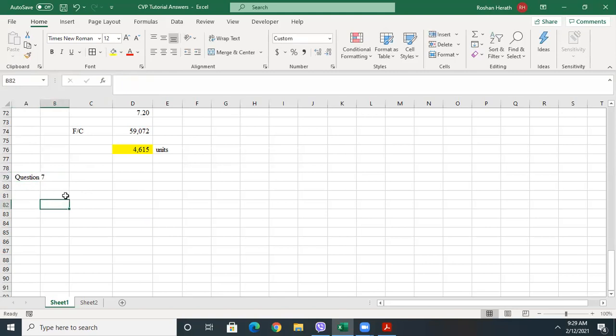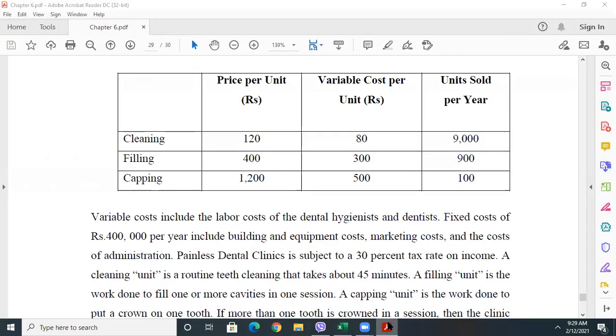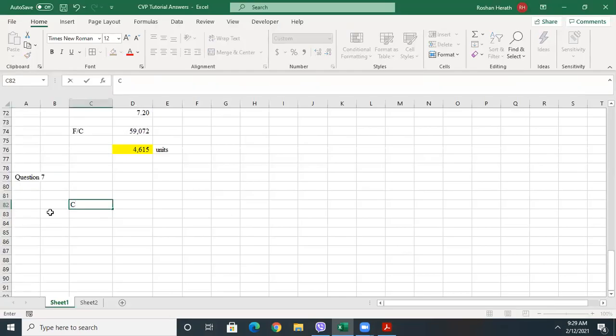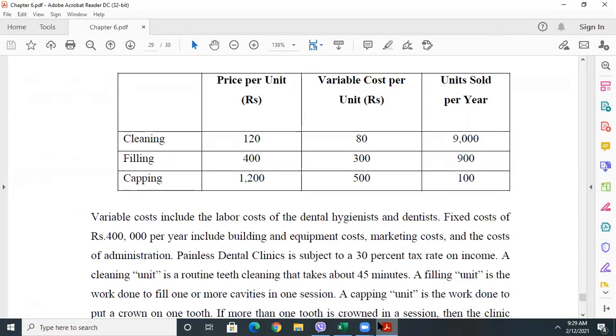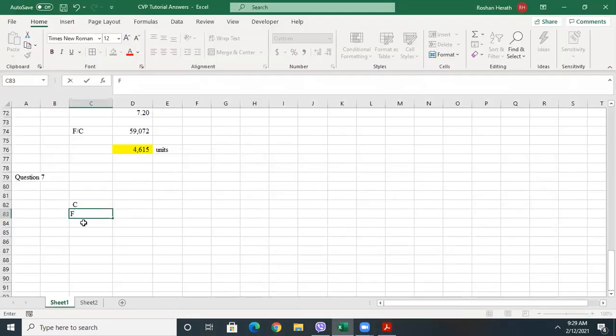So in part 1, it asks about the profit after tax. Here you have 3 products: cleaning, filling, and capping. You can take the contribution.